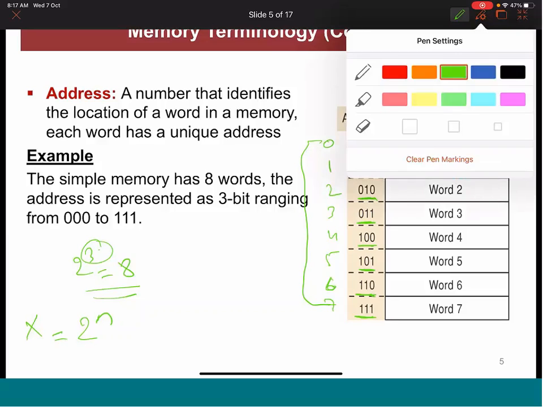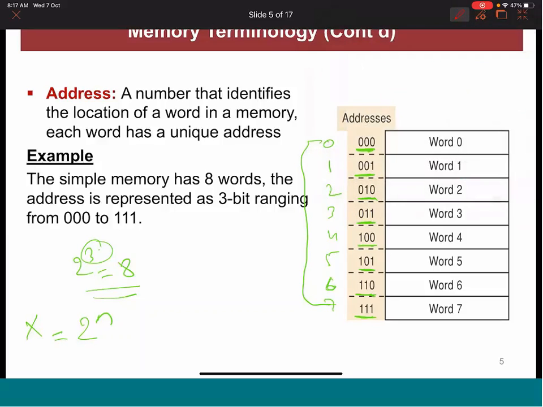Right? So in the general case, 2 power n is equal to x, where n is the number of address lines, or the number of bits in the address, and x is the number of words.